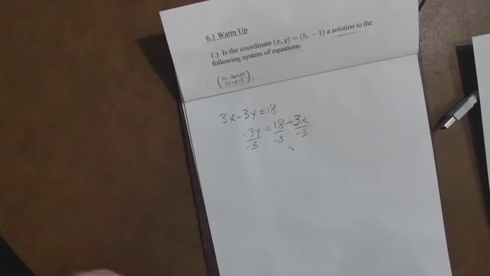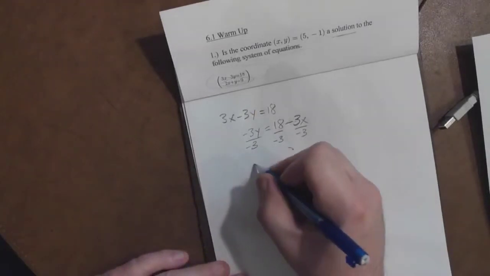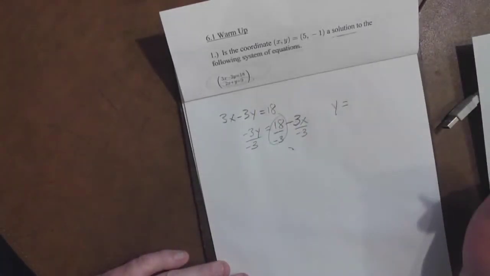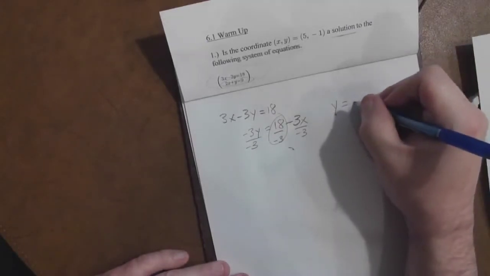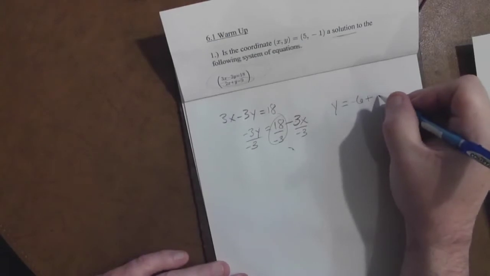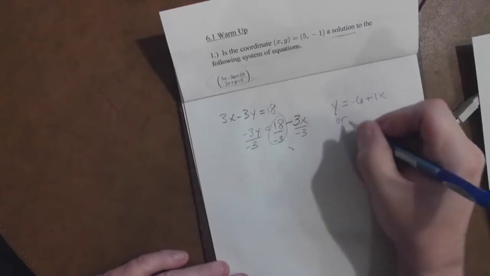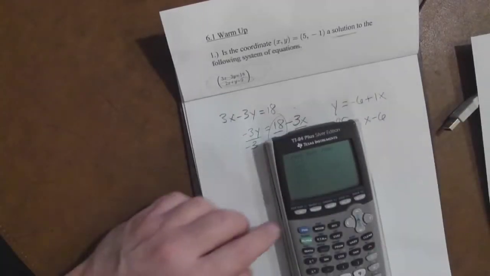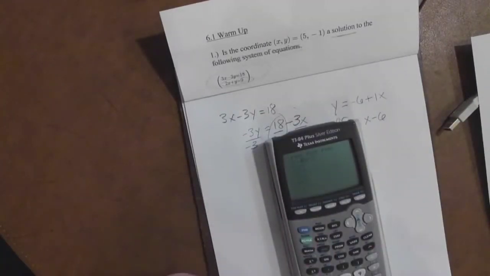Every term gets divided by -3. So that does leave us with y equals 18 divided by -3 is -6. -3 divided by -3 is plus 1x, or you might say this is y equals x minus 6. So that's our first equation, x minus 6.